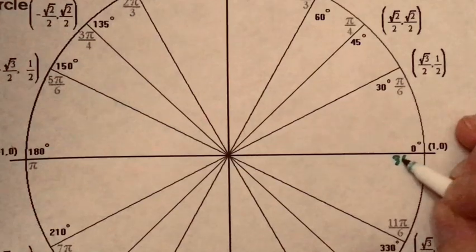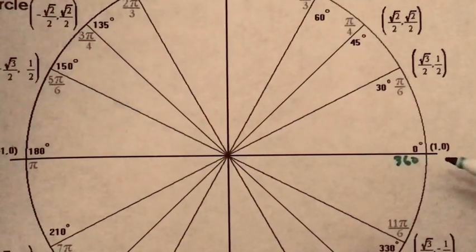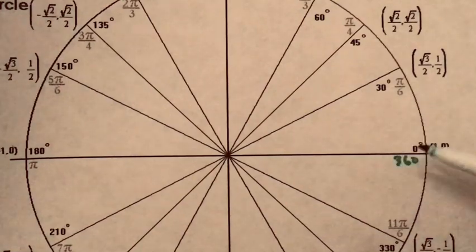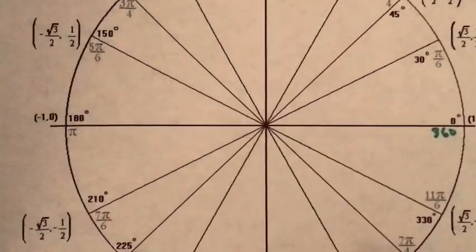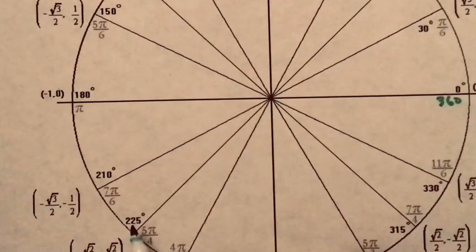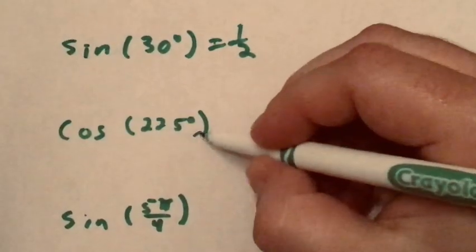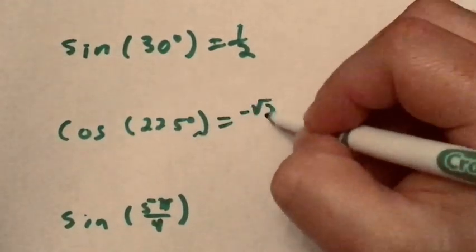I highly suggest that if you print this off for yourself, you put that there, so you know that 0 and 360 are the same. At 225 degrees, we said the cosine was the x, so the cosine of 225 is negative root 2 over 2.